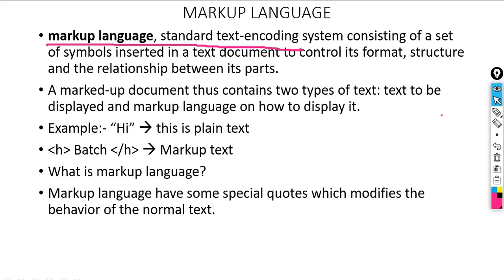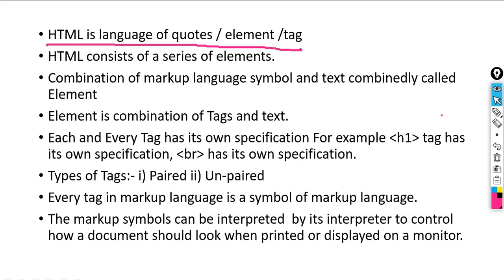Already I have explained that a digital document will contain two things: one is plain text and one is markup text. Understood? Now here HTML is a language of codes or tags or elements.